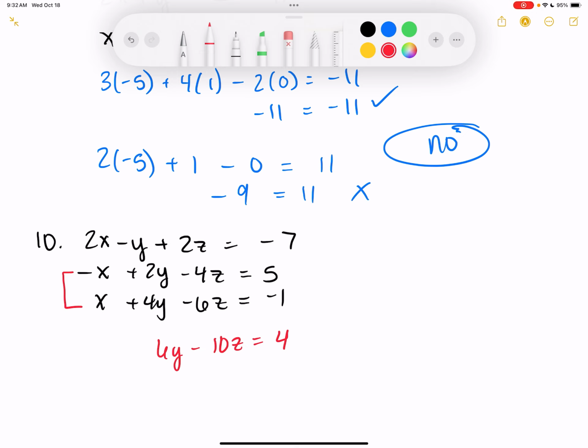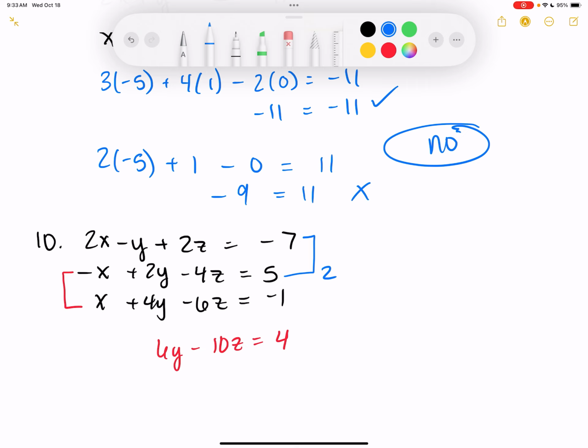And then now we need to cancel the x's again, but I need to do it in different equations. I've already done the bottom two, so I could do top and bottom or middle and top. I'm going to go ahead and do middle and top because they have opposite signs. So I need to multiply this bottom equation all the way across by 2, which is then going to cancel.